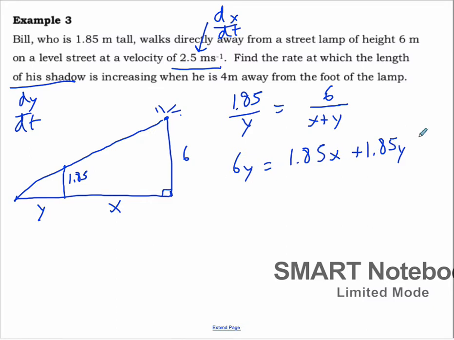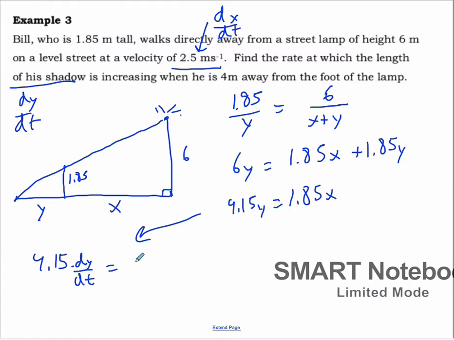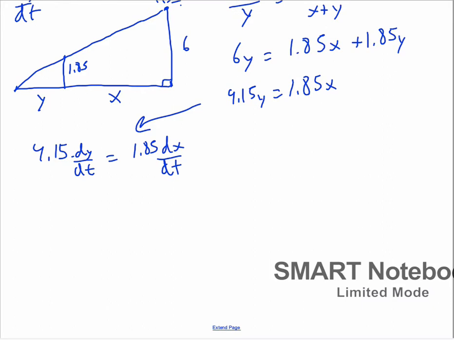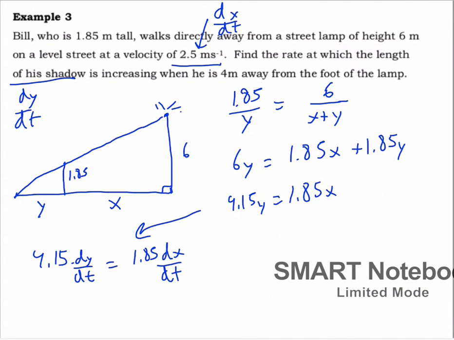Actually, let me subtract this from both sides first. This is going to be 4.15y equals 1.85x, and then I'll differentiate. 4.15 times dy/dt equals 1.85 dx/dt. The dx/dt is given in the question as 2.5.